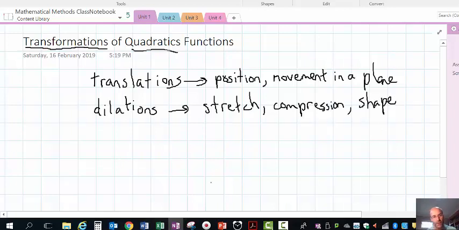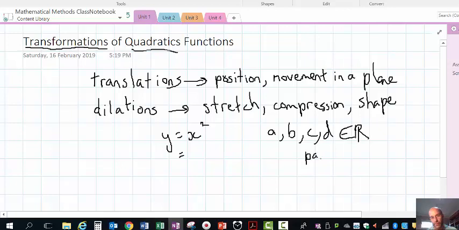So when we're looking at quadratics, our basic function is y equals x squared. We're going to look at a, b, c and d as parameters or constants, and they're real numbers. They can be any real number. So a, b, c, d are constants or parameters.